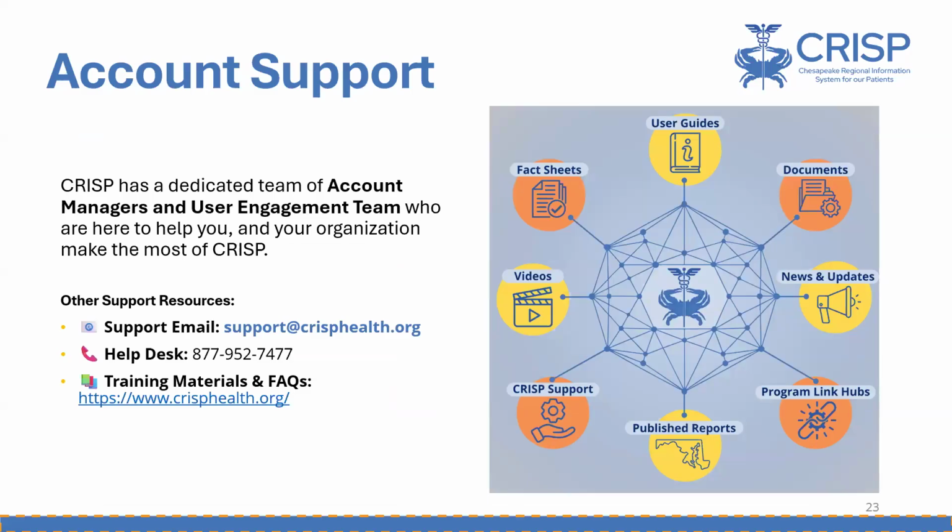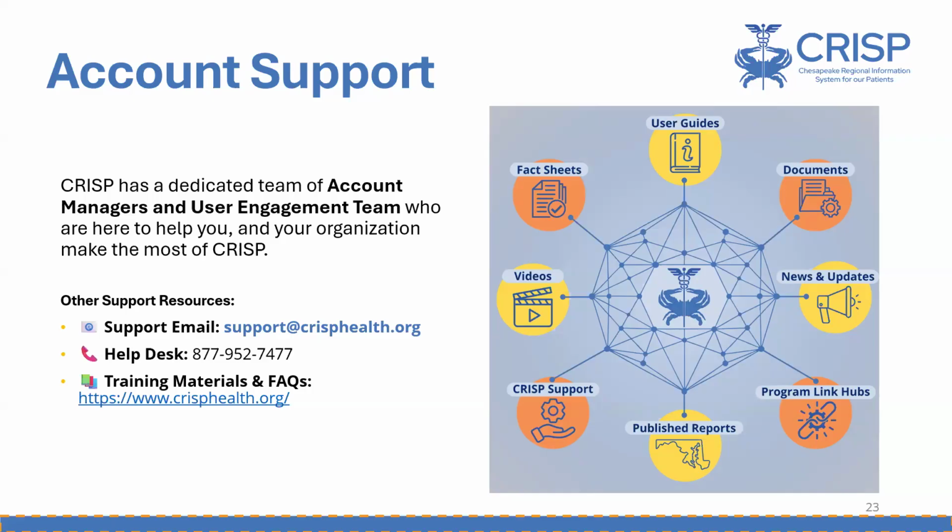And we don't just stop there once we set you up. We have dedicated account managers and our user engagement team who are here to help you make the most of CRISP. So you can always email our support line, call our desk, email mdcommunications@crisphealth.org or your dedicated account manager, to receive help, ask questions, figure out the best way to use it, or tell us your use case so that we can figure out what tools we already have or what custom tools can be built to support your needs.